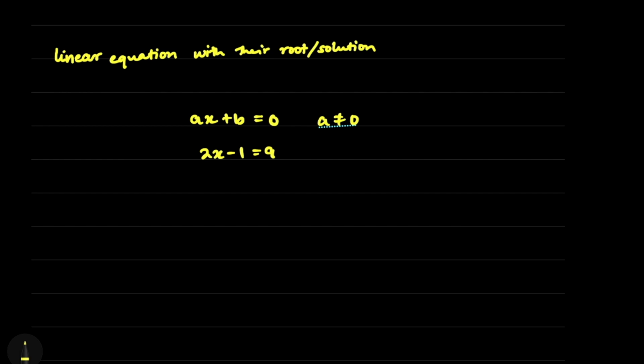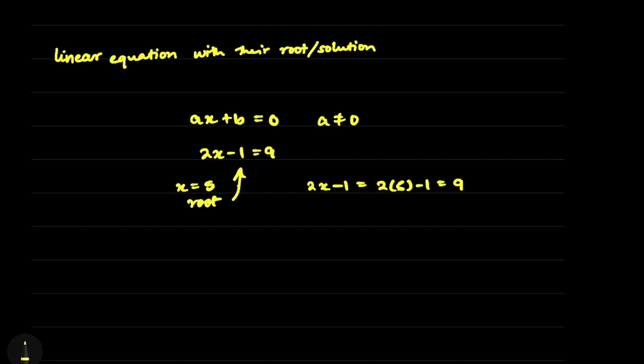When we solve this equation and get the value x equal to 5, we can see that 2x minus 1 can be calculated as 2 into 5 minus 1, that comes out to be 9. So here our LHS is equal to RHS, so x equal to 5 becomes the root of the equation.